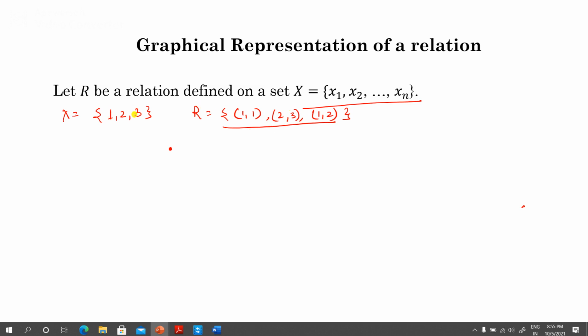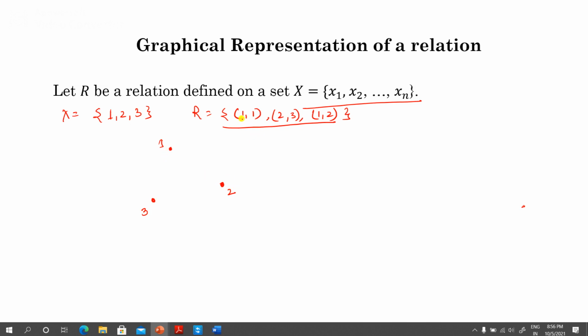So for each of these elements x1 to xn in a generalized way, for example 1, 2, 3, we will use dots, or we say vertices. This one is 1, 2 and this is 3. So the elements of the set X will be represented by dots or vertices.